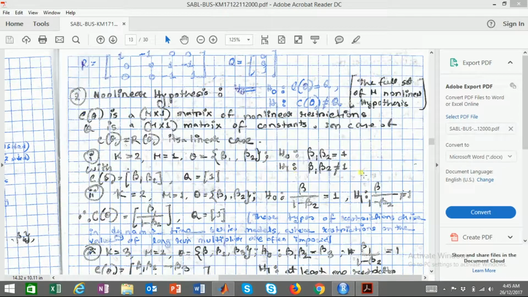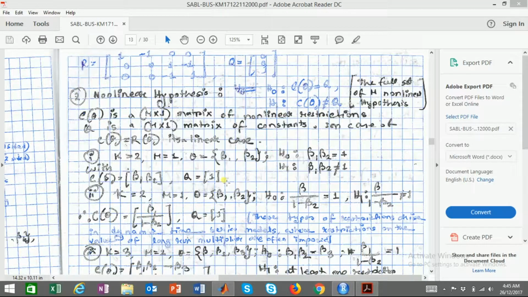So what are the cases? If the null is beta 1 times beta 2 nonlinear, multiplied equals 1, and the alternative is beta 1 times beta 2 not equals 1. You have two parameters, you have one nonlinear hypothesis to test, and the parameters are beta 1 and beta 2 with C theta beta 1 beta 2, and Q is an M by 1 matrix of constants. So you have one constant, Q equals 1.